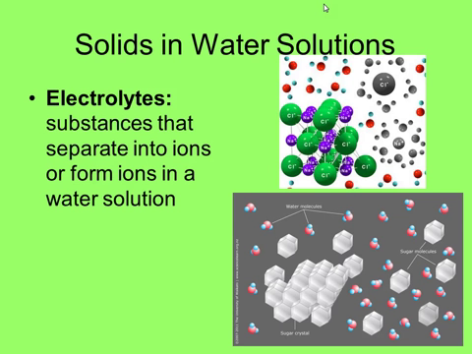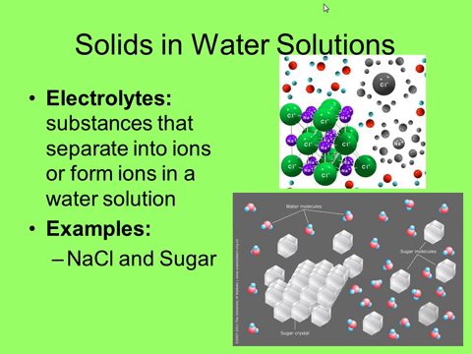An example is sodium chloride, salt, and sugar. Salt will break down into species. An electrolyte is a substance that makes water able to conduct electricity.